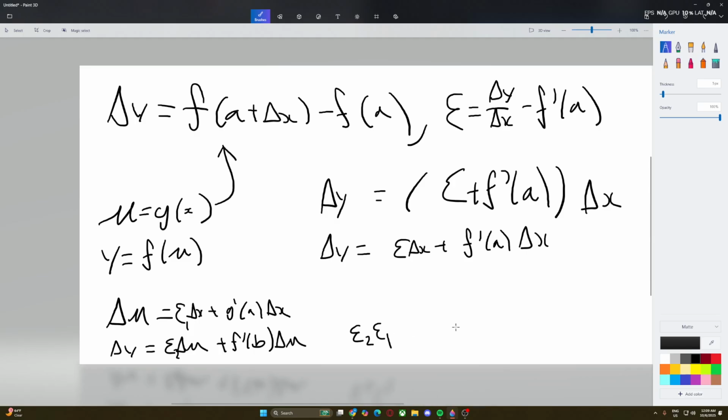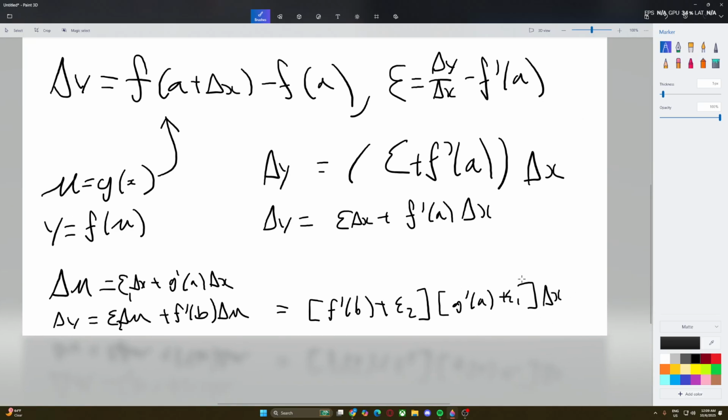So it's better to just say that change in y equals f prime b plus epsilon 2 times g prime a plus epsilon 1 times change in x, because they all have the factor of change in x.